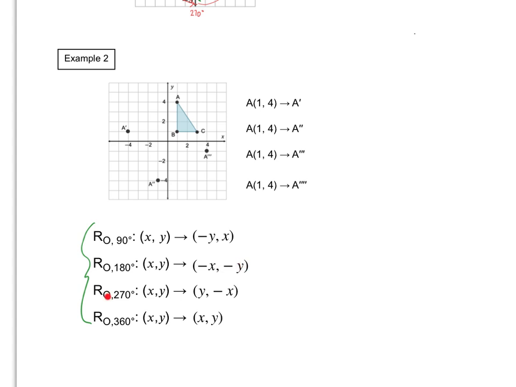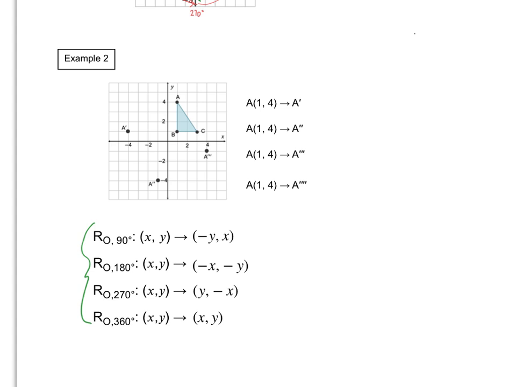If I go about the origin 270 degrees, my mapping would be (y, negative x). And then here I have rotating around the origin 360 degrees. We just end up right where we started from. (x, y) remains (x, y).